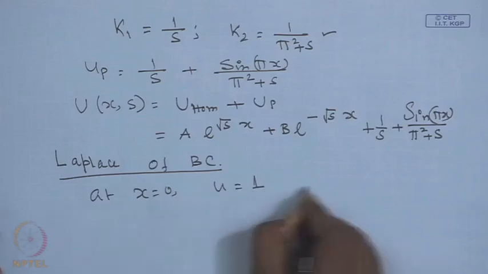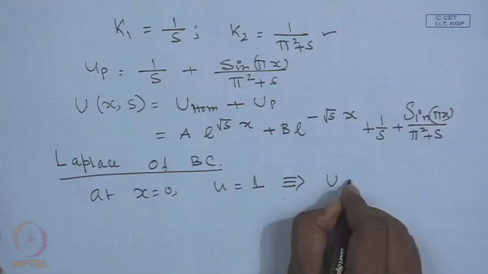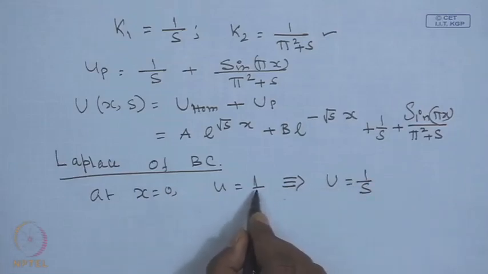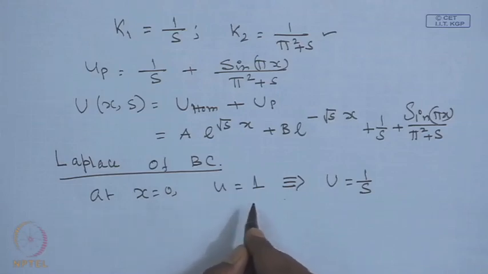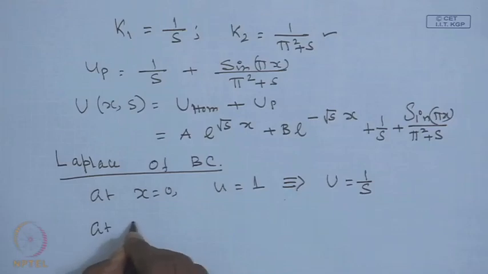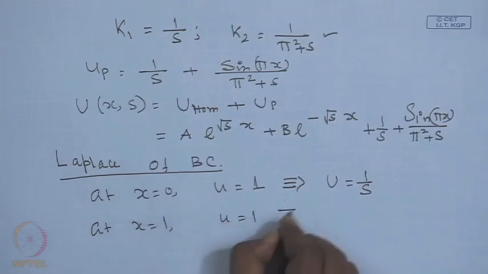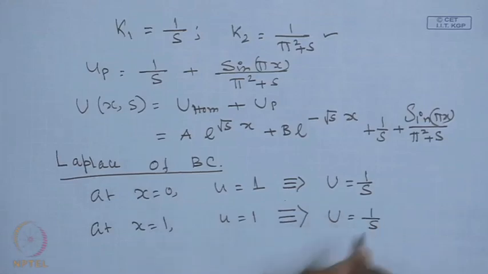That means, at x is equal to 0, capital U in the s domain is nothing but 1 upon s. We have already seen in the beginning of this class that if f of t is equal to 1, then the Laplace transform of f is 1 upon s. At x is equal to 1, we had u is equal to 1. Again, for this case also capital U is equal to 1 over s.